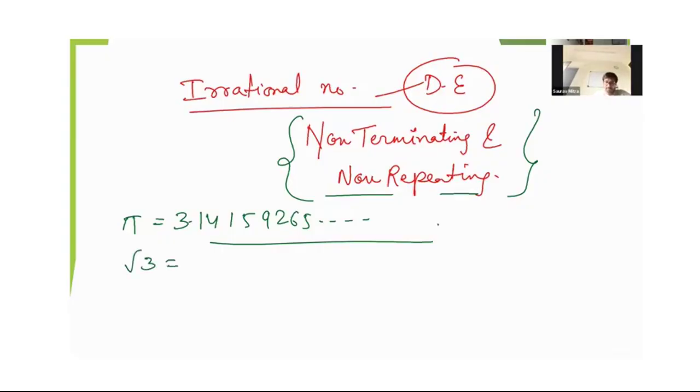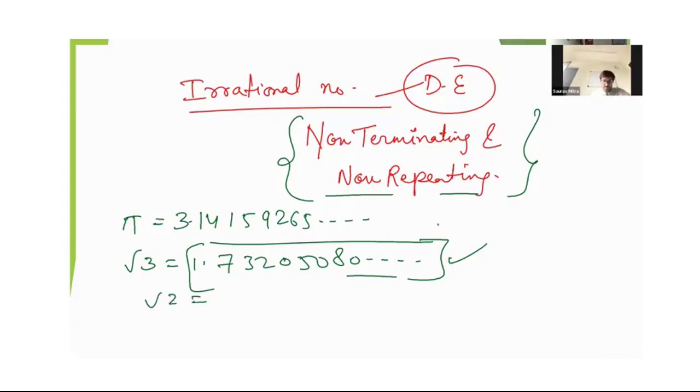Similarly, the root 3 value is 1.73205080. So by the decimal expansion also we can identify whether the number is rational or irrational. If they have given only this decimal expansion and ask you whether it is a rational or irrational number expansion, it is an irrational number decimal expansion. Why? Because after the decimal it is non-repeating and non-terminating.